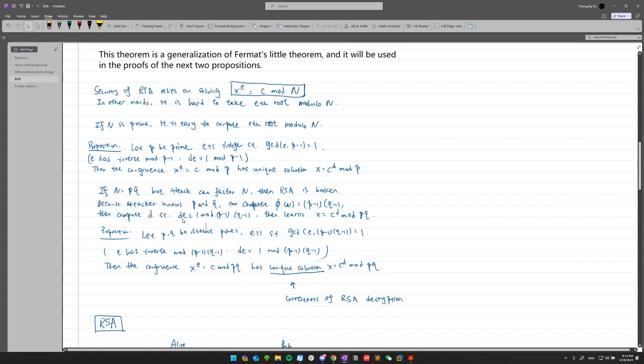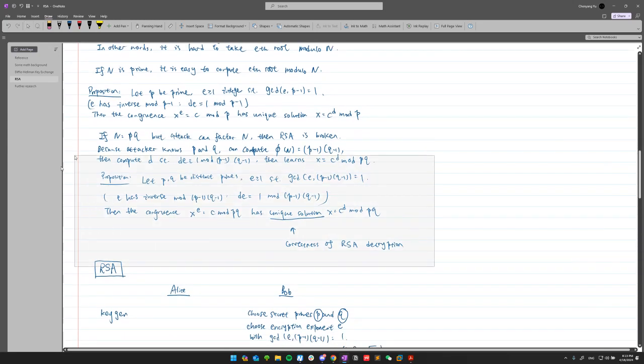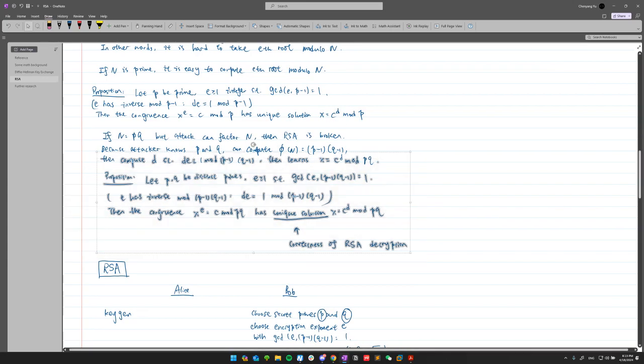This is super fast, right? I can compute d, which is the decryption information, and apply it to c, which is the ciphertext. So once I factor n, it is super trivial to recover the message, right? So this proposition is just a formalization of the statement here. So don't worry about it.